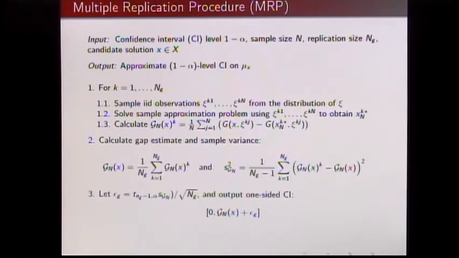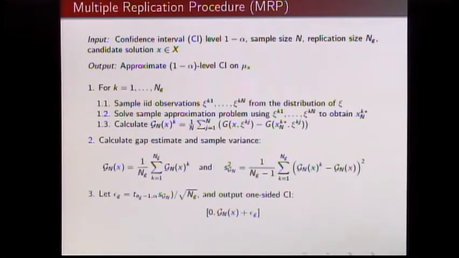And then, even though this is not asymptotic, we don't know if it's asymptotically normal or whatever it is. Once we do this, no matter what these distributions are, as long as these replications are generated in an IID fashion, I can use a central limit theorem type of result. I'm going to treat each gap estimator, whatever its distribution, as such.